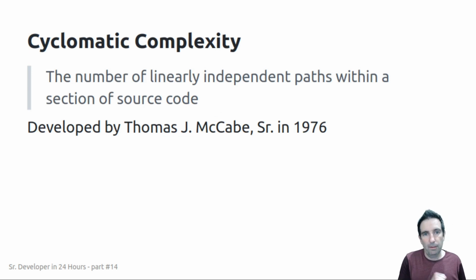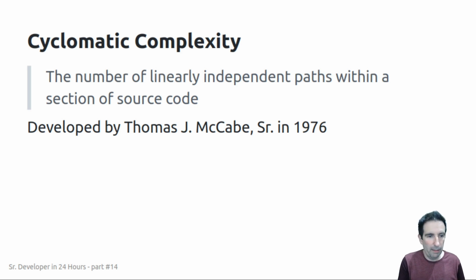All right, so there is a particular mechanism for measuring complexity of code, and it is called cyclomatic complexity. And it is defined as the number of linearly independent paths within a section of source code.